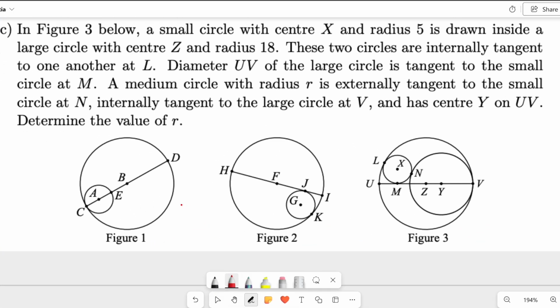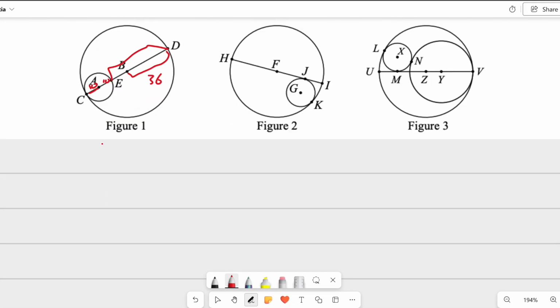Here we know BD, the circle with center B has radius 36, and the circle with center A has radius 10. Right now we're looking for the value of ED. This one is really simple. We just need to do 36 times 2 minus 10 times 2, and we get 52. It's our first answer.